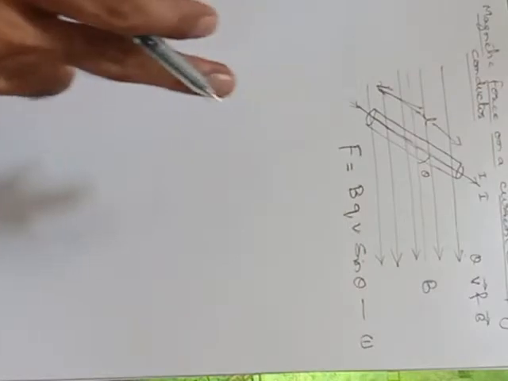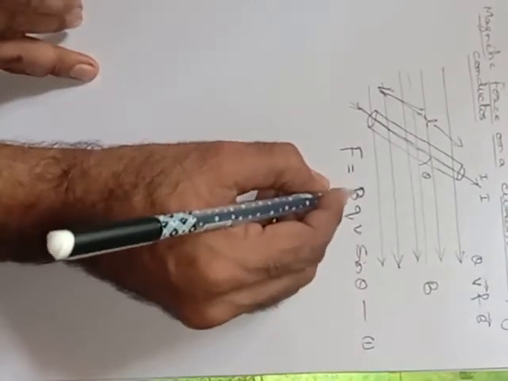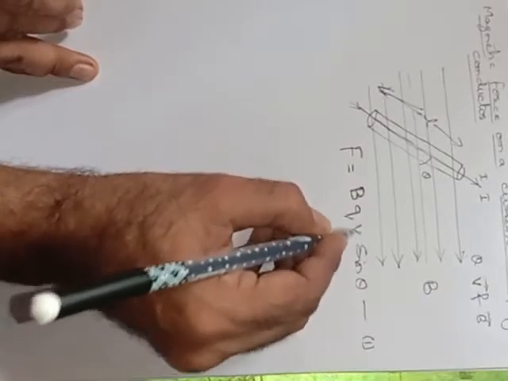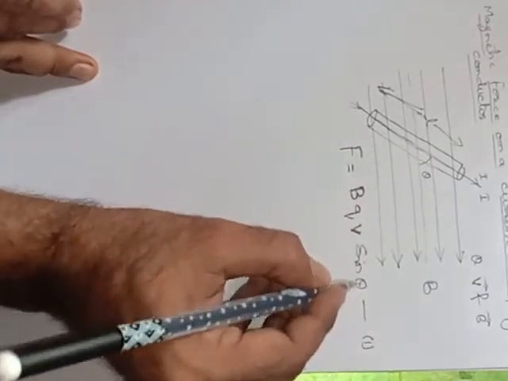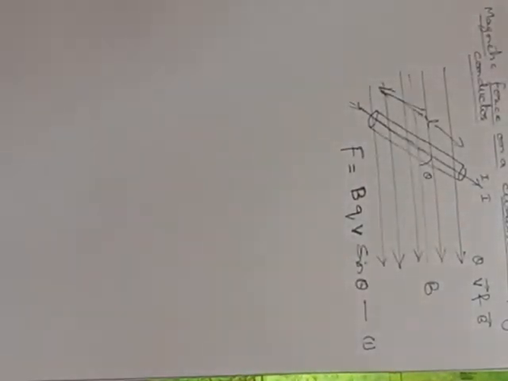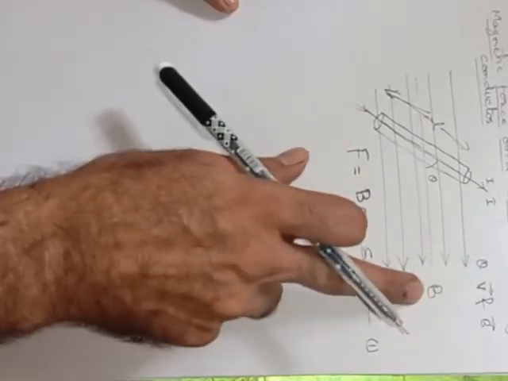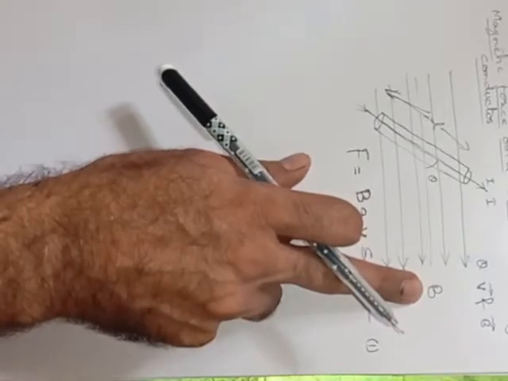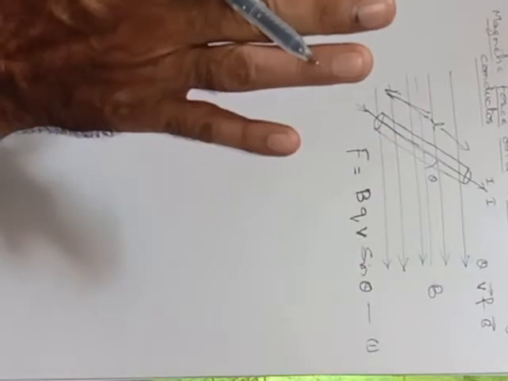As per the diagram, we have considered that B is the magnetic field, Q is the charge, V is the velocity with which the charges are moving, into sin theta, where theta is the angle between V and B. V is the velocity of the charged particle and B is the magnetic field. The scenario is clear? Understood the concept? Let me take it once more.